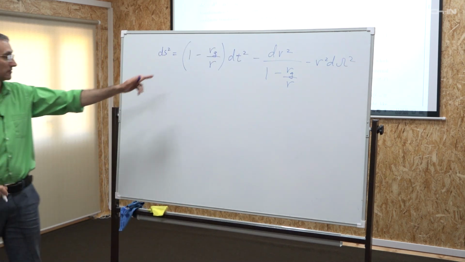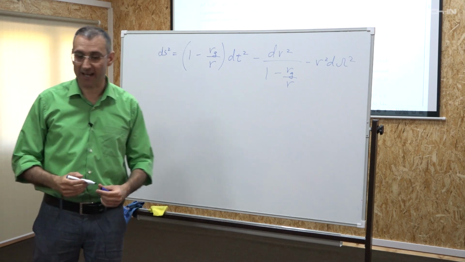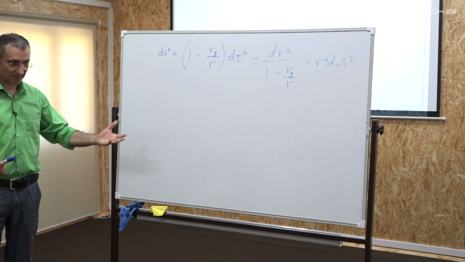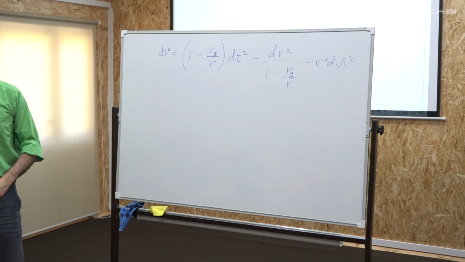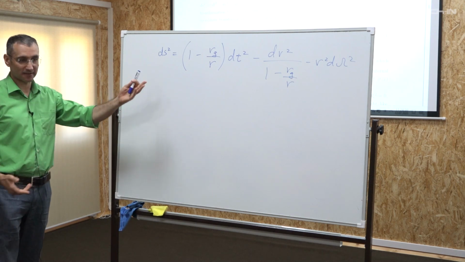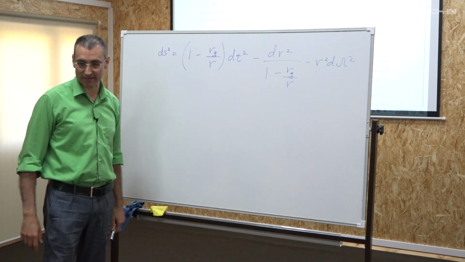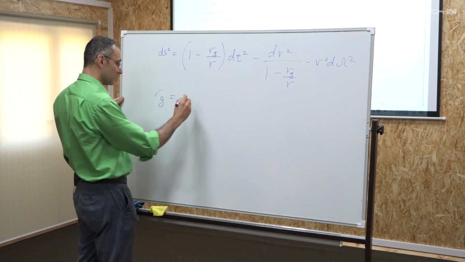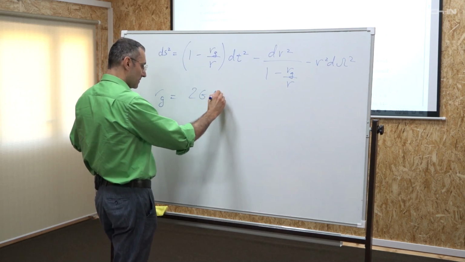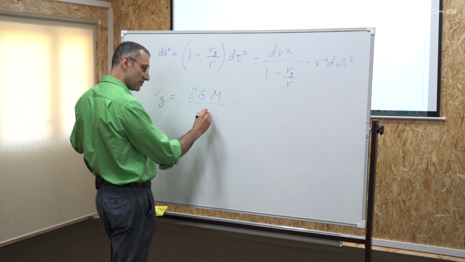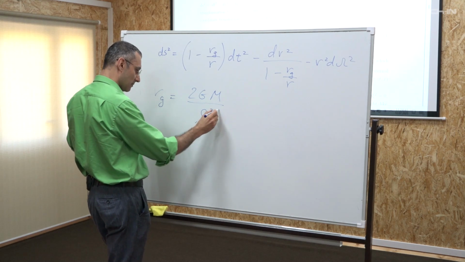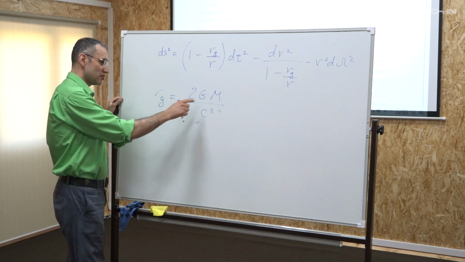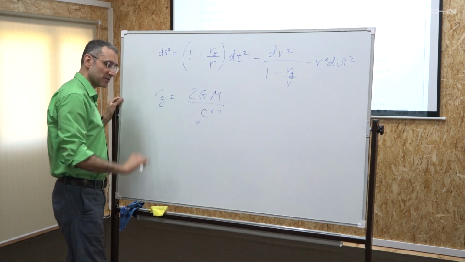R_G is the gravitational radius. Essentially, it's a size up to which you can shrink your body to make it a black hole. So for any given mass, you can write R_G. If I'm not mistaken, it's 2GM divided by c squared. M is the mass, G is Newton's constant, c is the speed of light.